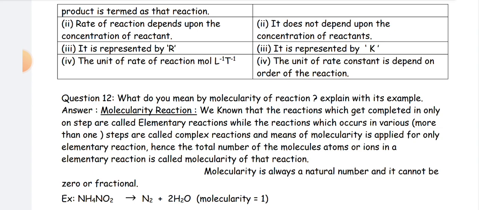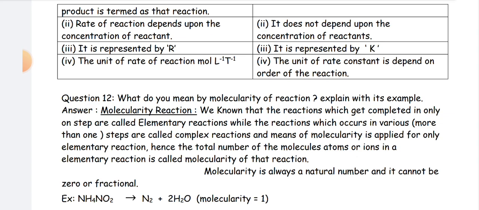Chemical reactions which are completed in only one single step are called elementary reactions, and those completed in two or more steps are called complex reactions. The term molecularity is applicable only for elementary reactions, but the term order of reaction is applicable for both elementary and complex reactions.